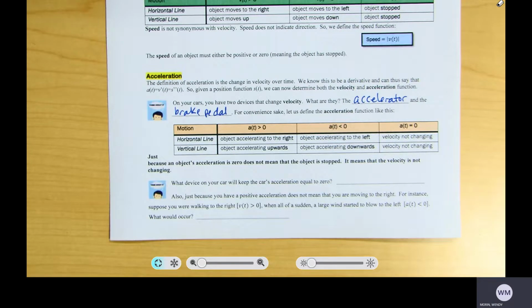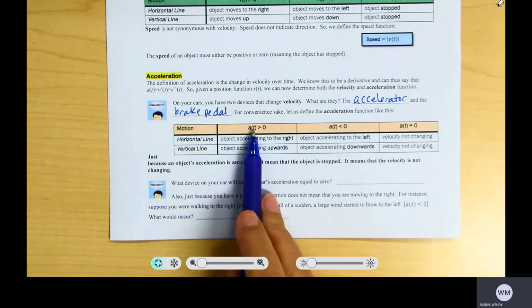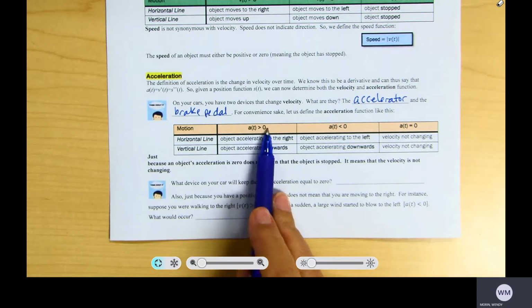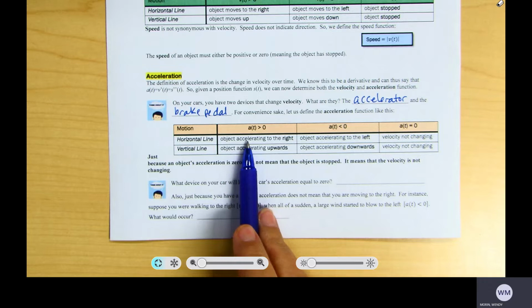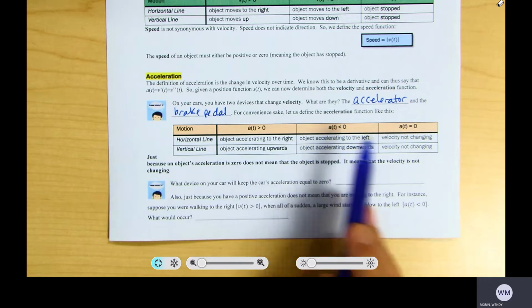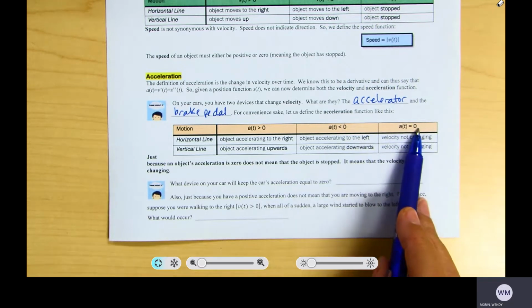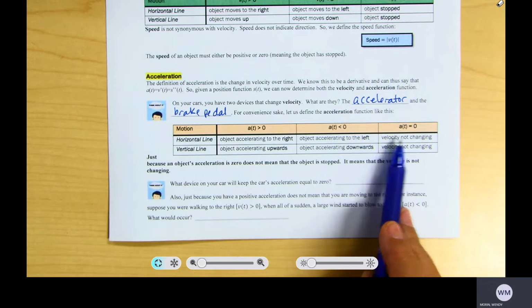For convenience sake, let us define acceleration function like this. Again, when your acceleration is positive, you are accelerating to the right. And when your acceleration is negative, you are accelerating to the left. When acceleration is equal to zero, the velocity is not changing.